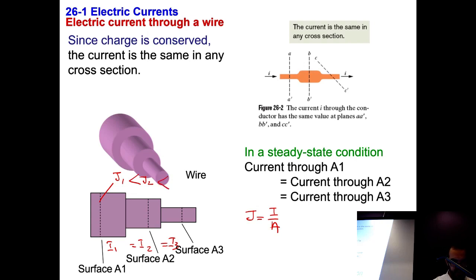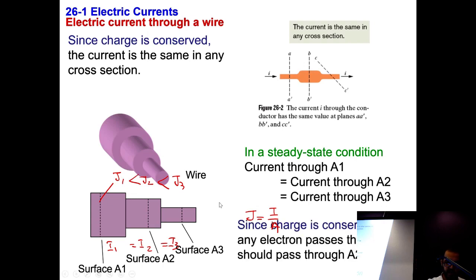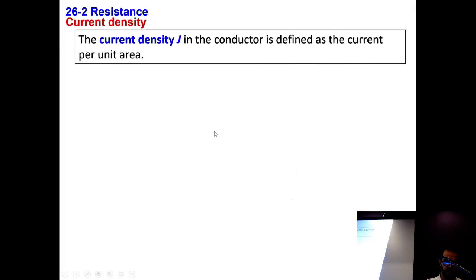And this happens to be smaller than J3 because here the cross-section area is quite small and the current per unit area is going to be large. So even though the current is the same through these different cross-sections, the current per unit area is not the same, which is what we call the current density. Okay, so this is what we're defining next.